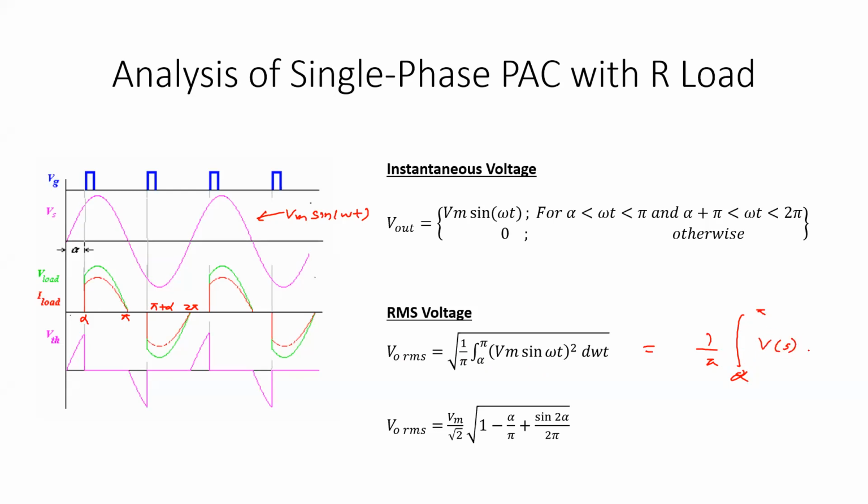That's what we are getting on the other side. Very basic equation. After doing this calculation, you will arrive at this. So try these calculations at home. That's how you calculate the RMS voltage.